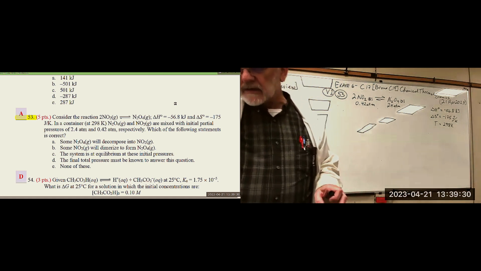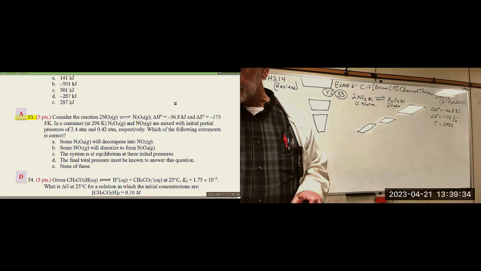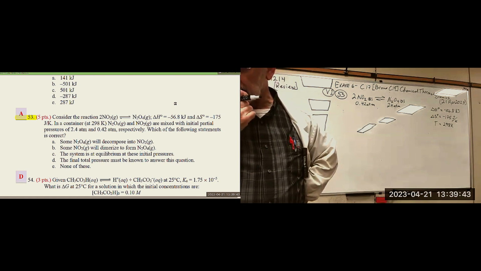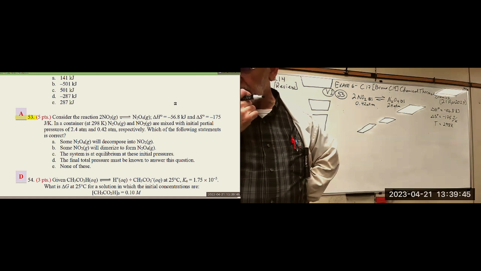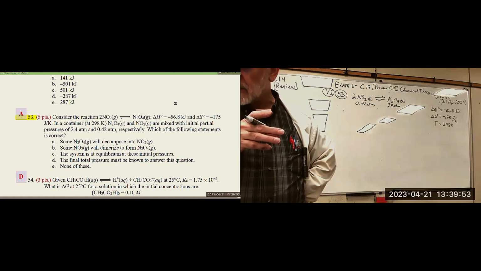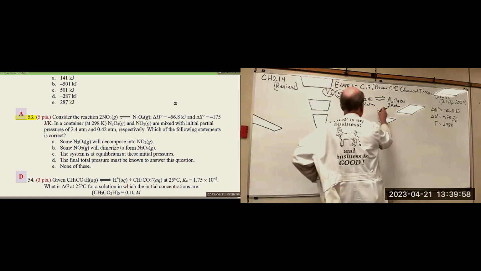We need to calculate... let me think. It's easy enough to calculate the Q. All we have to do is ratio these two.